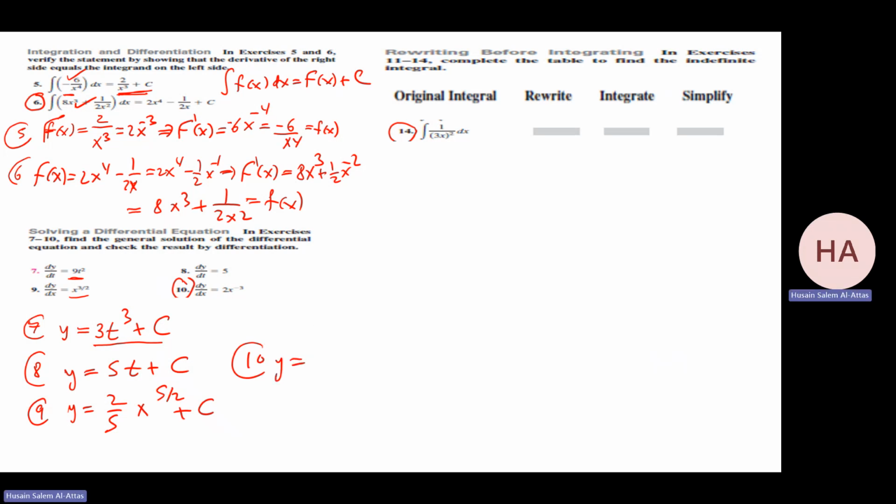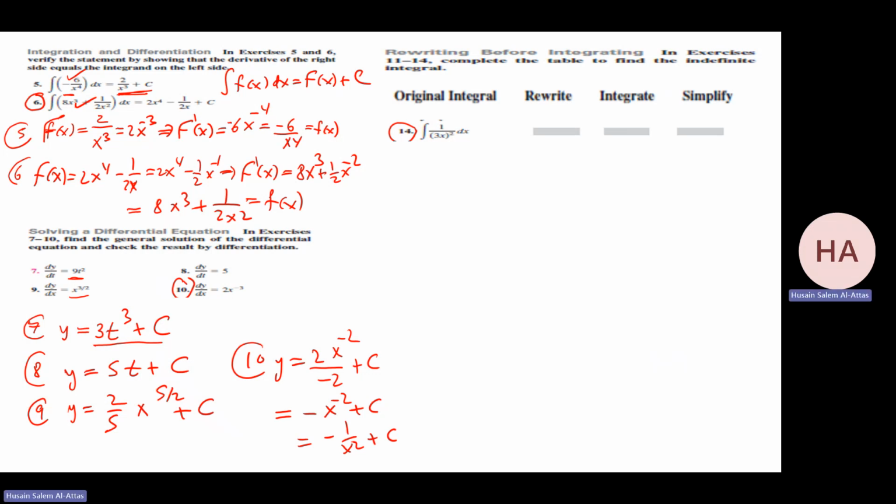I add 1 and I divide by minus 2. Let me do it in steps: x to the power minus 2 over minus 2 plus c. So it will be minus x to the power minus 2 plus c. In other words, minus 1 over x squared plus c. Okay.